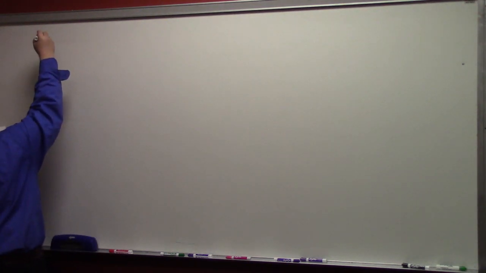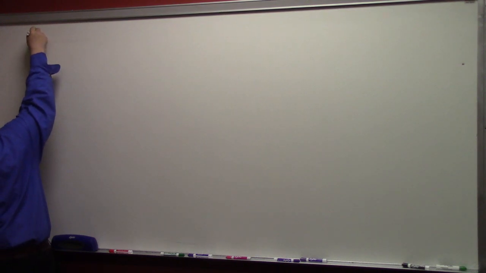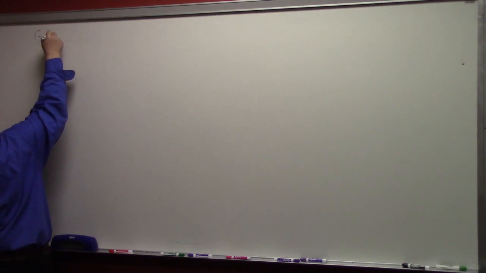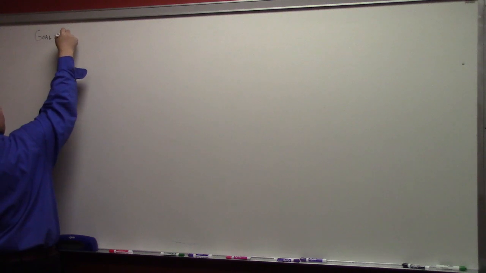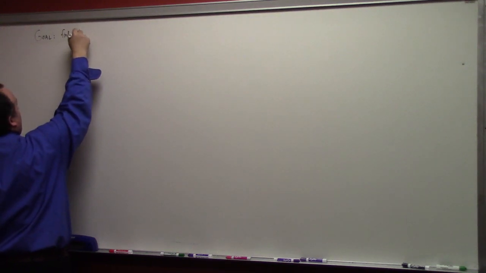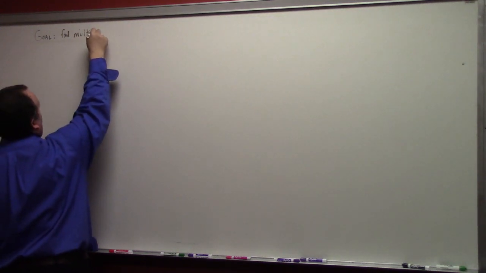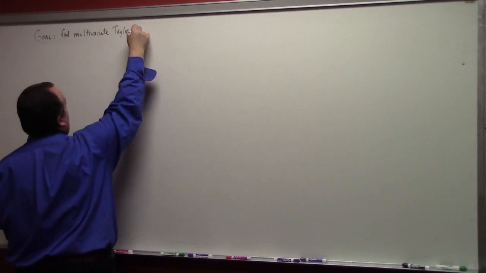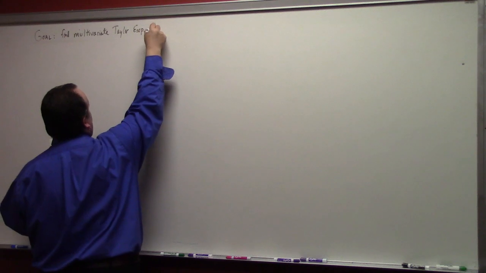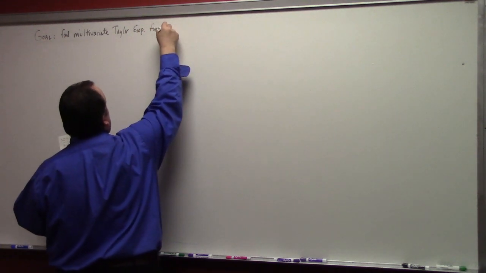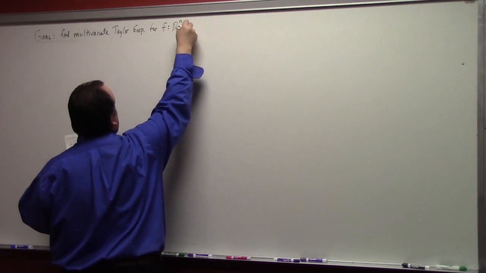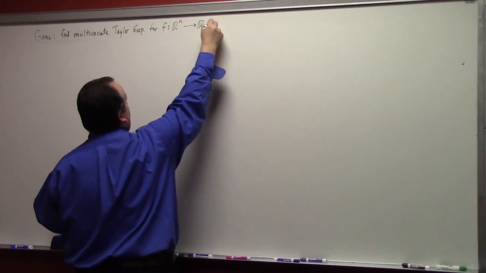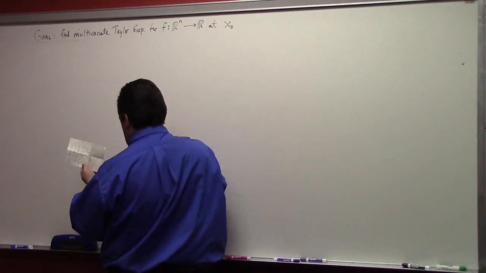What I want to consider, my goal is to find the multivariate Taylor expansion for f, which is a mapping from Rn to R, at x naught.